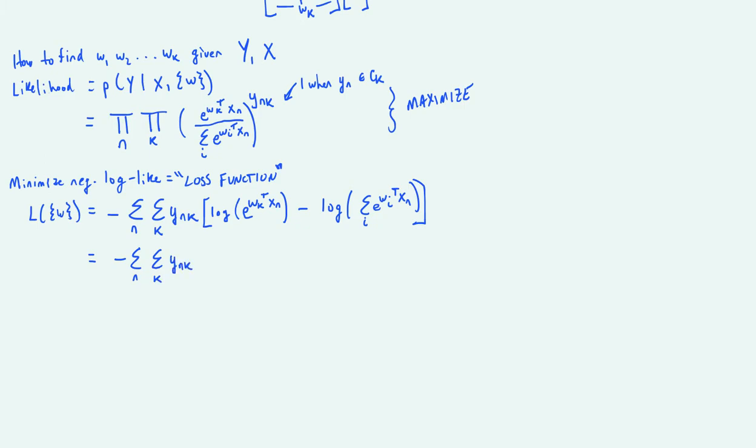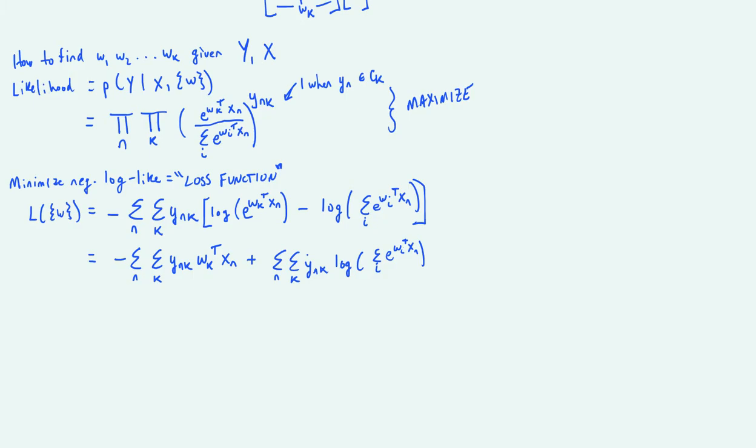Ynk, and then the log of e to anything is just anything, so ynk wk transpose xn, and then, I'm going to distribute that negative through, plus ynk log of the sum over all i of e to the wi transpose xn.